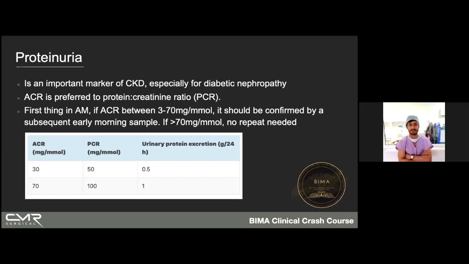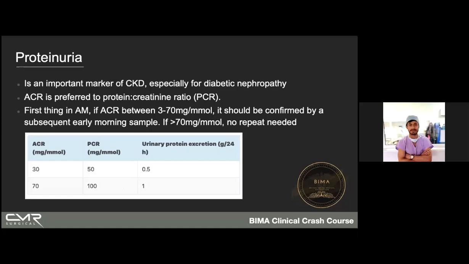And the way that we try to investigate this is by performing an ACR. An ACR is by definition albumin creatinine ratio. It's preferred to PCR, not PCR for COVID or anything like that, but protein creatinine ratio.